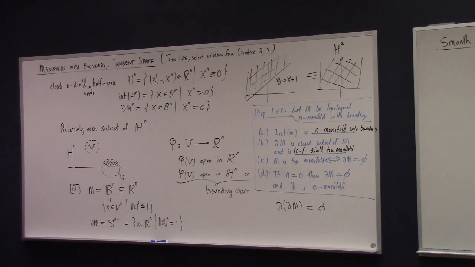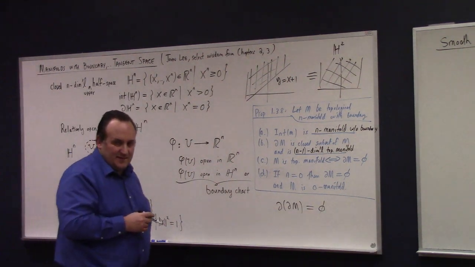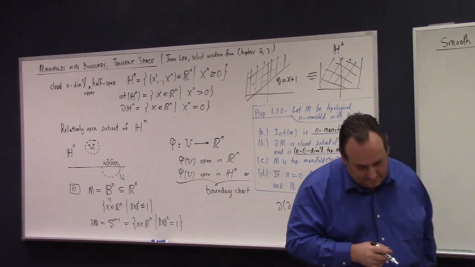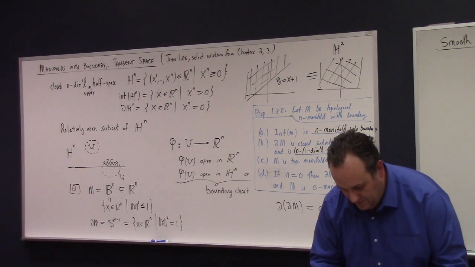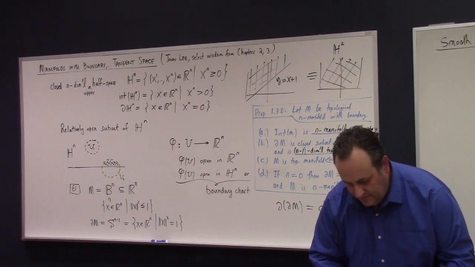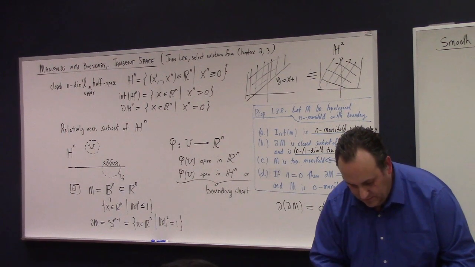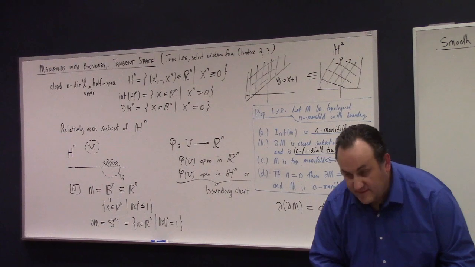And the interior of this is the open ball. Maybe I have forgotten his notation. I wonder if this is the open ball notation. Let me be careful, guys. He does have, yeah, that's the open ball.